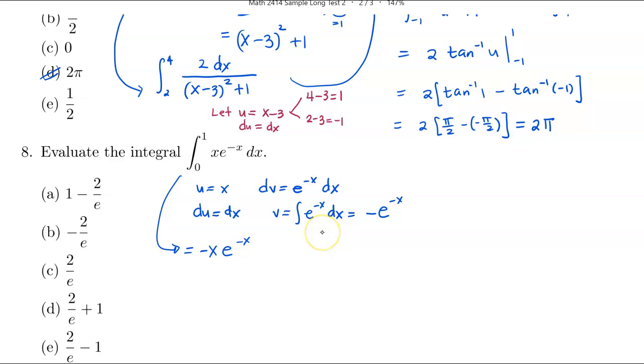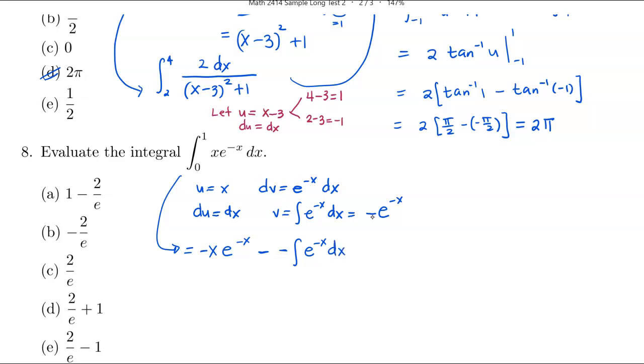So that's your uv minus the integral of v du. So this is your v. There's a negative sign outside, the integral of v du. So e to the negative x dx.